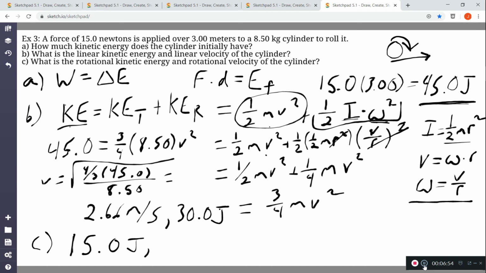So we take what we do know, the 15.0 joules, and that's all the information we can get. We need more info if we want to find the rotational velocity.